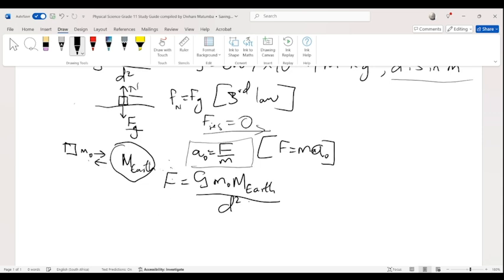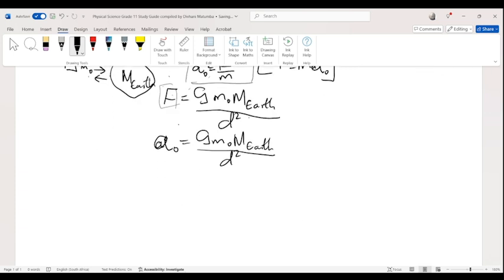If I take this larger F and replace it in my initial formula, I will have acceleration of an object equals G m0 m over d squared, divided by m0.